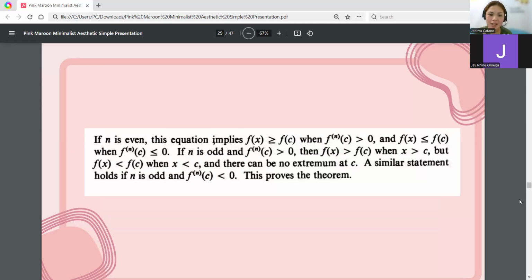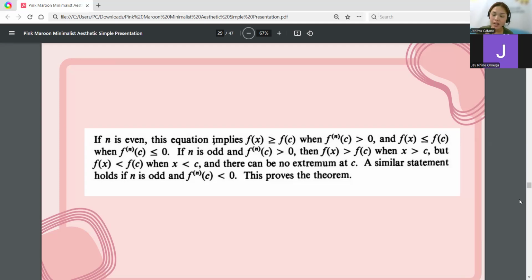If n is even, this equation implies f(x) is greater than or equal to f(c) when f^(n)(c) is greater than 0, and f(x) is less than or equal to f(c) when f^(n)(c) is less than 0.